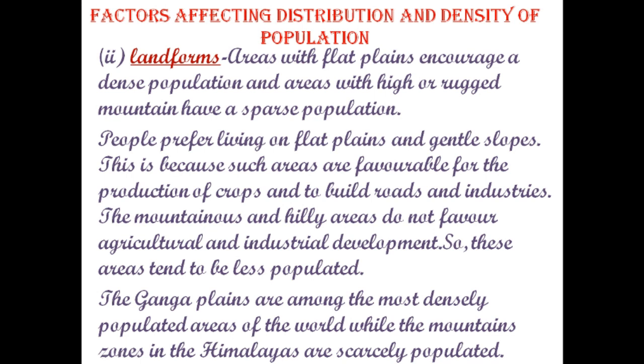Industries also set up there, and these industries encourage opportunities to get employment. People prefer to live on flat plains and gentle slopes because these areas are favorable for the production of crops and to build industries or for a good transportation system.